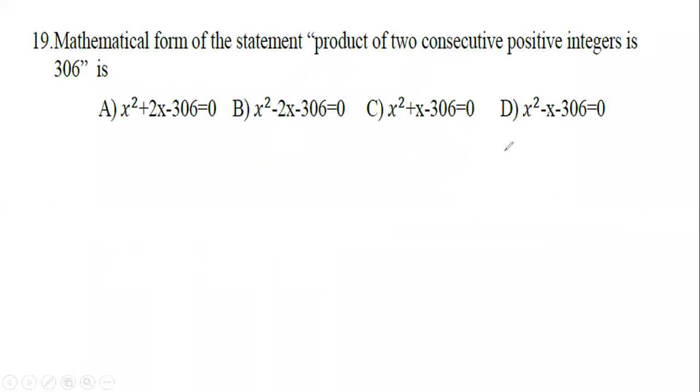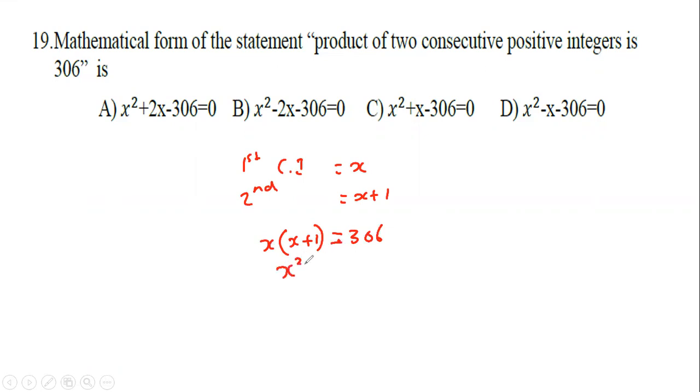Mathematical form of the statement: product of two consecutive positive integers is 306. So the first consecutive integer is x. The second one is x plus 1. So product means what? x into x plus 1, which is equal to 306.